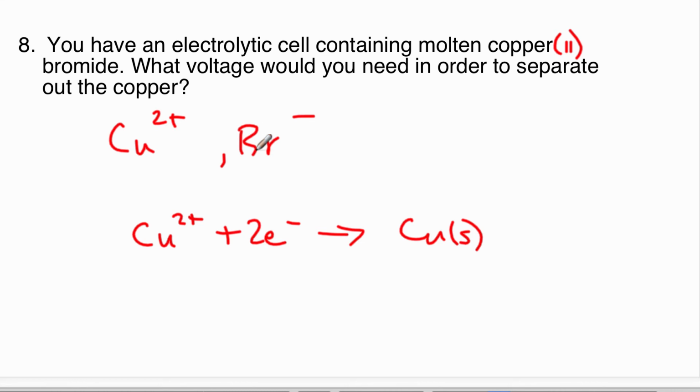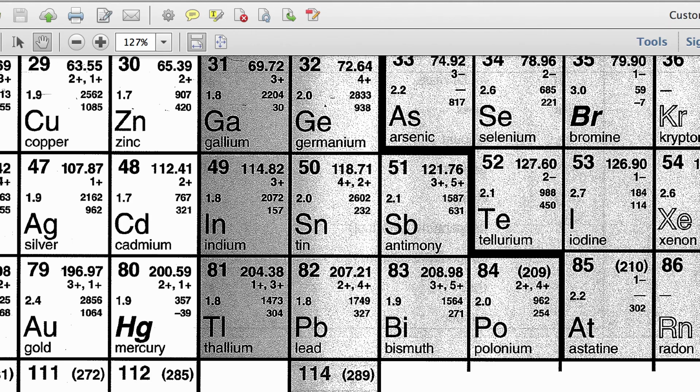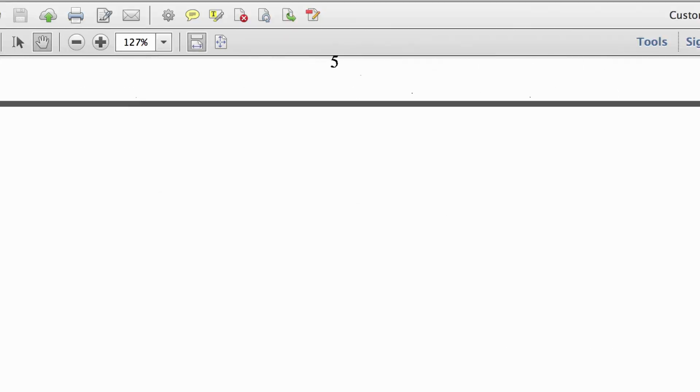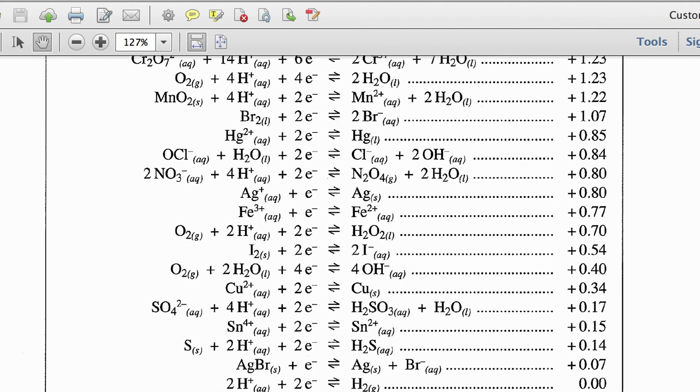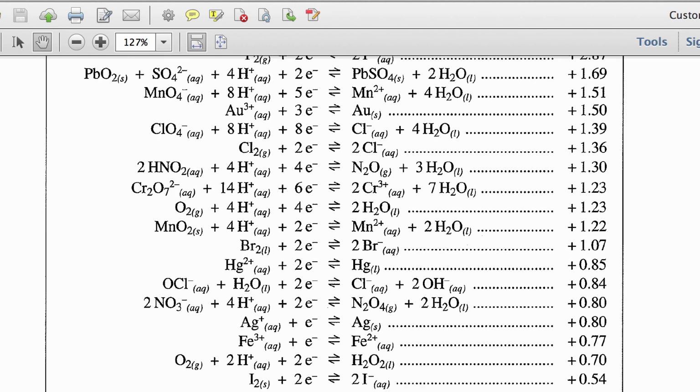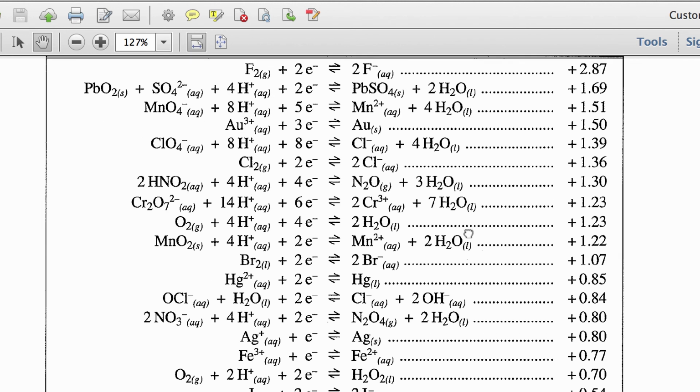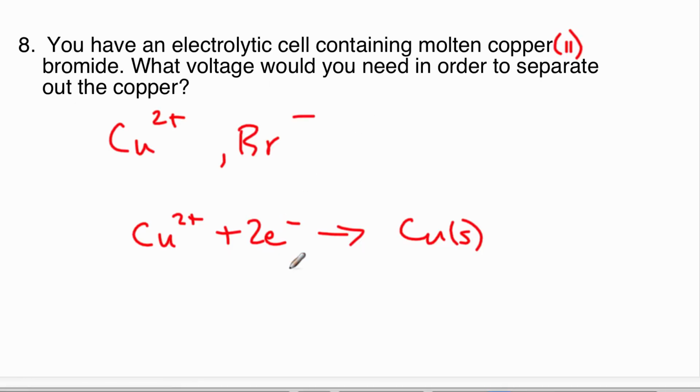And then the bromide, the only option for it would be for it to be on the right hand side. Where's my chart? Oh, bromide. That's up here somewhere. Oh, right there. 2 bromides gives me bromine plus 2 electrons. So 2 bromide ions produces bromine plus 2 electrons.